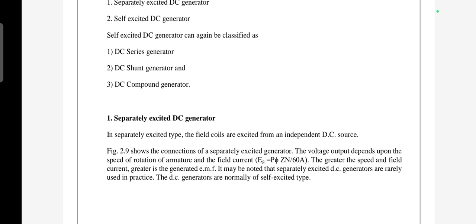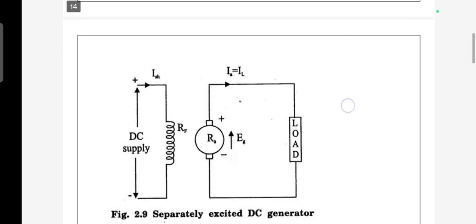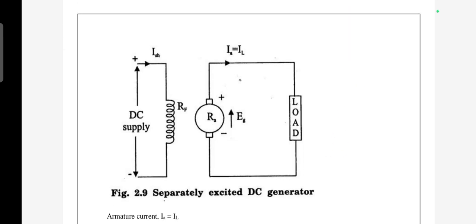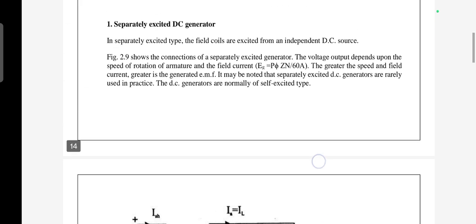In the separately excited DC generator, the field coils are excited from an independent DC source. In this DC generator, one side is connected with the DC supply and the other end is connected with the load of the rotating armature.